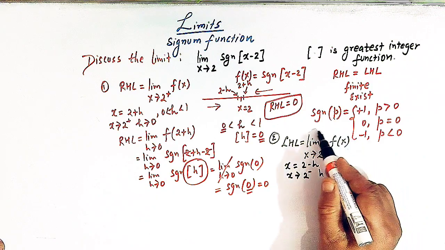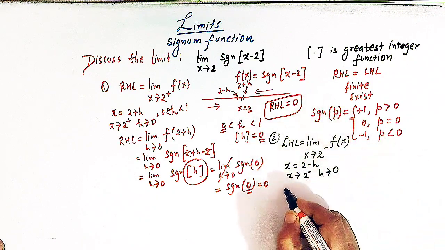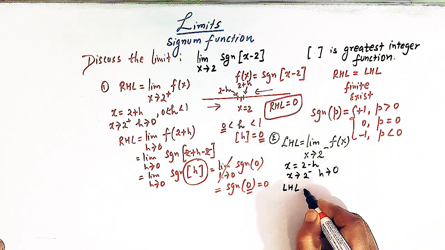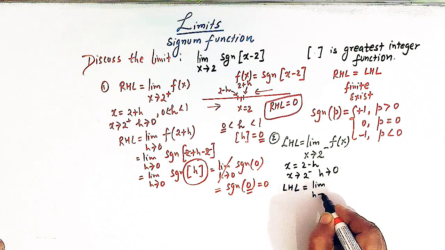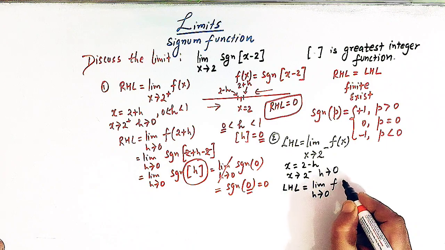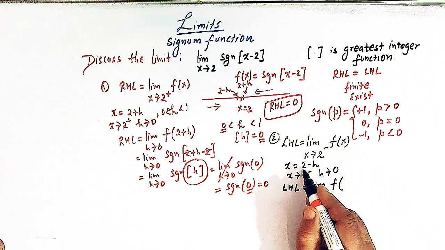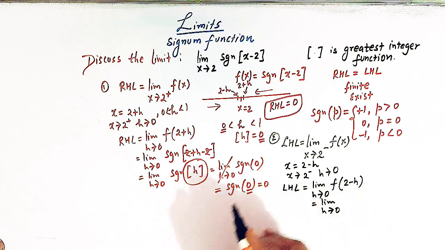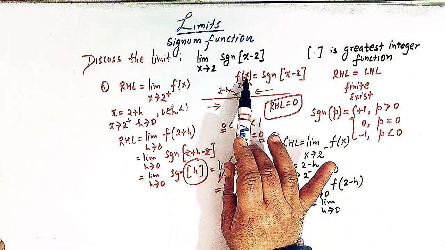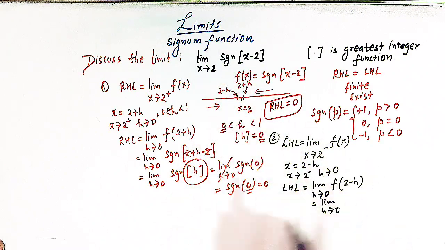So now writing this limit in terms of h, we can have left hand limit equal to limit h tends to 0, and here we have f of x, x is 2 minus h. So now we have limit h tends to 0, and f of 2 minus h can be obtained by replacing x by 2 minus h.